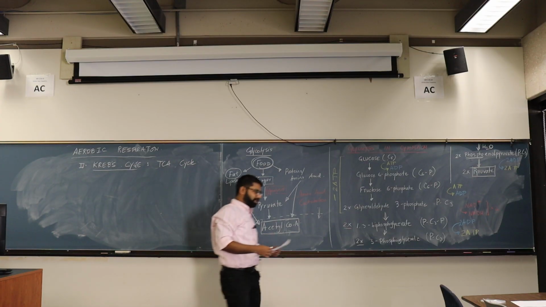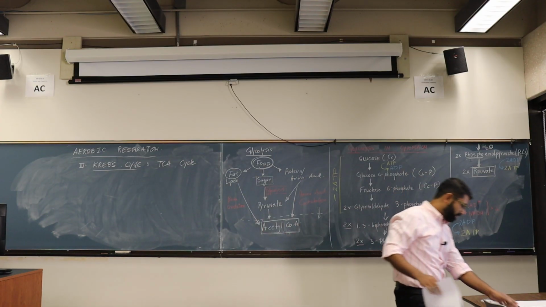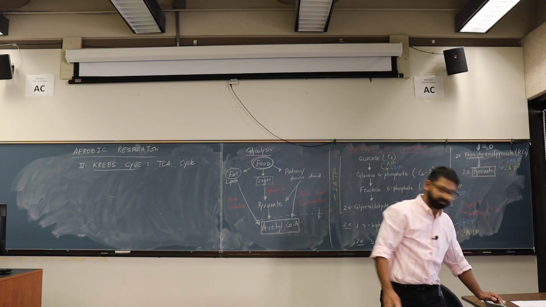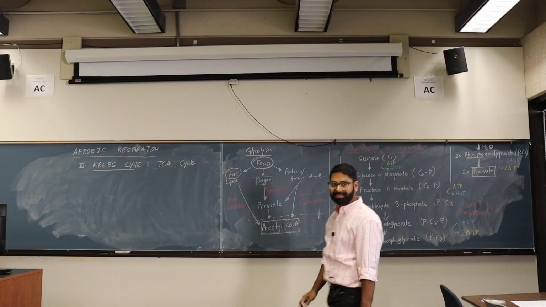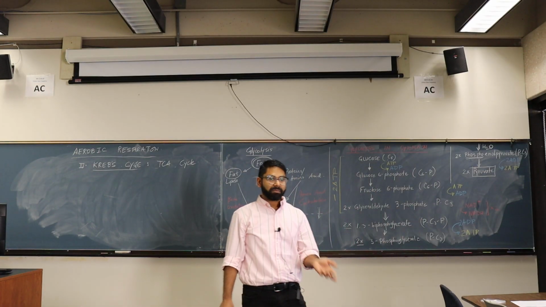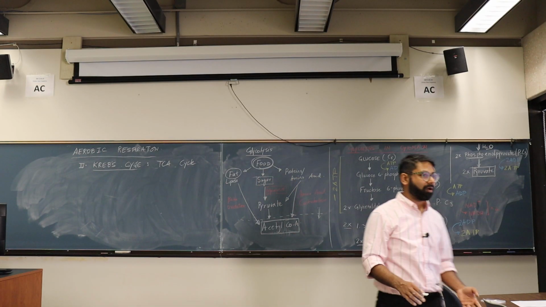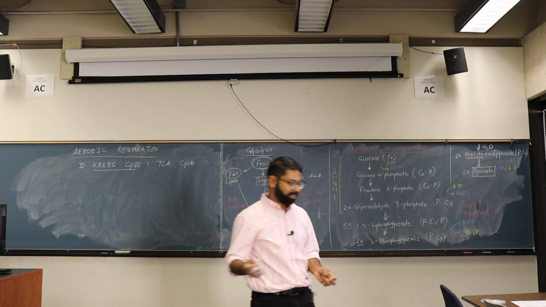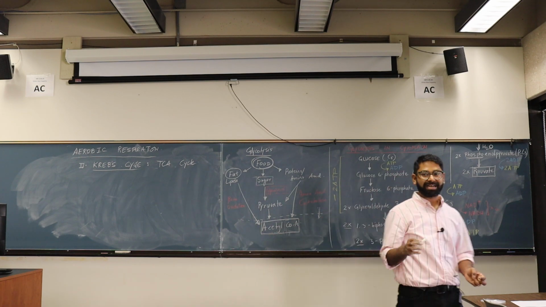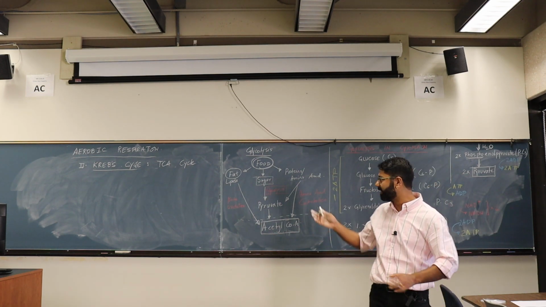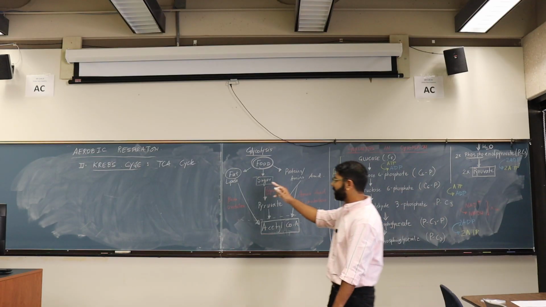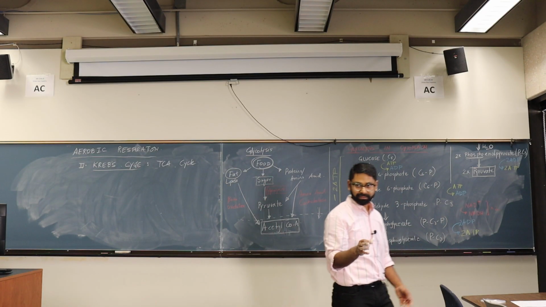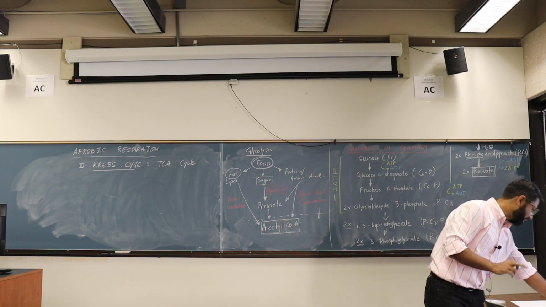Okay. Now there will be citric acids in here, and that is why we can call it the citric acid cycle as well. Citric acids are carboxylic acids in themselves, right? And we can also call them tricarboxylic acid cycle. So there are various names, but they all refer to the same thing. Krebs cycle, tricarboxylic acid cycle, or the citric acid cycle. All these are referring to the same thing.